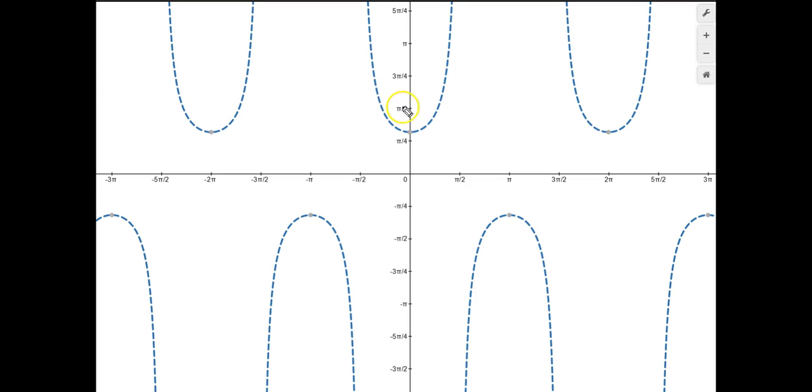Now here we have the graph of the secant function, and we want to find its inverse. Now the way you get this graph, just briefly here, is remember secant is 1 over the cosine. And so if I superimpose the graph of the cosine on here, you'll see how we get the graph of the secant function.